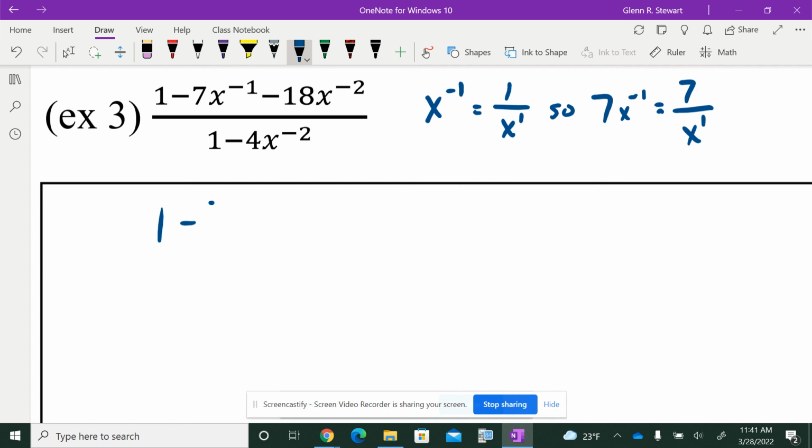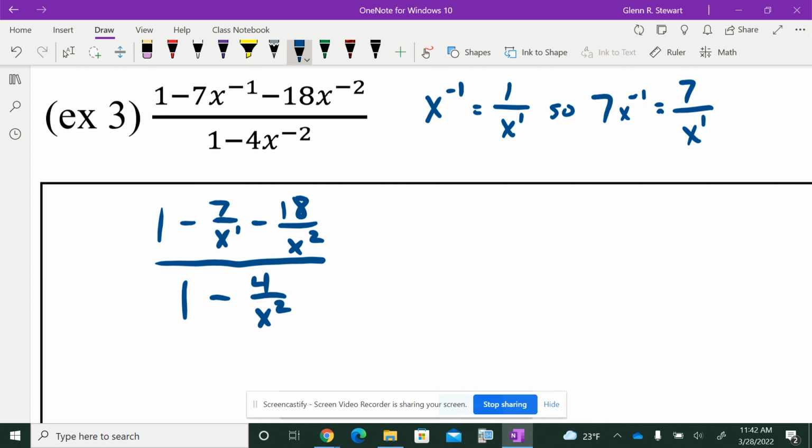So this will be 1 minus 7 over x to the first minus 18 over x squared, over 1 minus 4 over x squared. Oh, I got this one. The least common denominator is x squared. Good, yeah. Least common denominator is x squared. LCD is x squared.